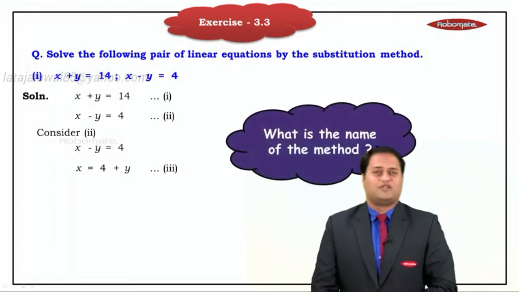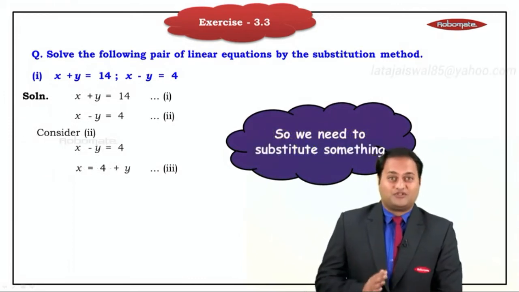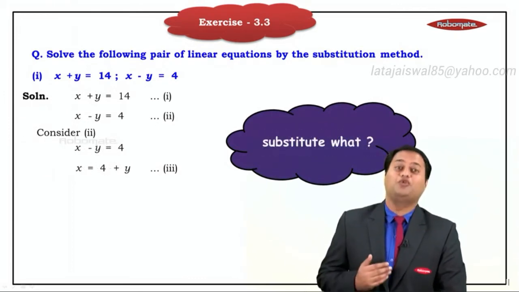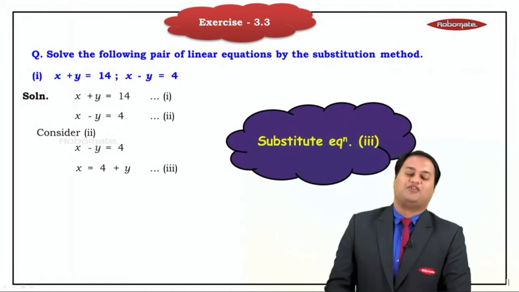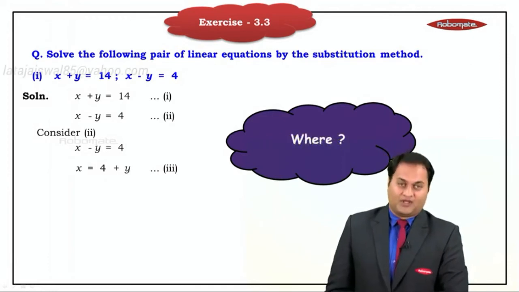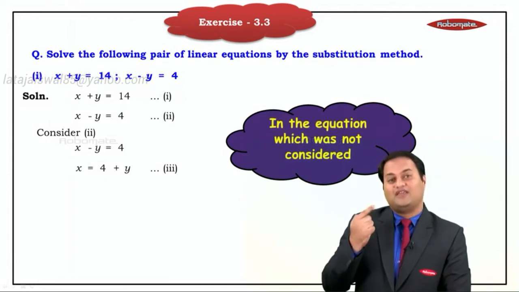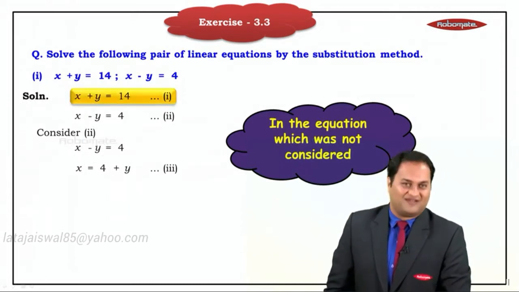Now what is the name of the method? Substitution method. So we need to substitute something. Substitute what? Substitute this equation number 3 that we have got. Now the question is where to substitute. Substitute in the equation that we did not consider, and that is equation number 1.